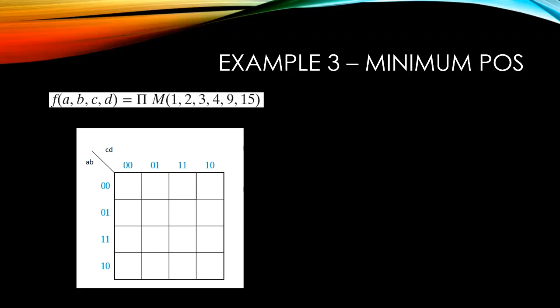So 1, 0, 0, 0, 1, 2, 0, 0, 1, 0, 3, 0, 0, 1, 1, 4, 0, 1, 0, 0, 9, 1, 0, 0, 1, and 15, 1, 1, 1, 1. Okay, so we already plotted the maxterm list. Now we are ready to group it.